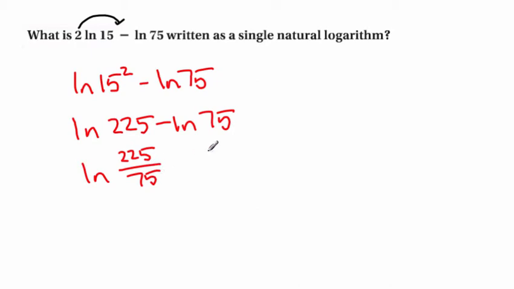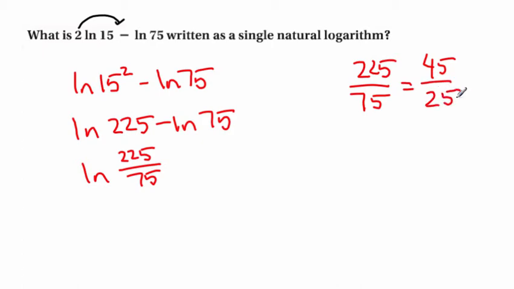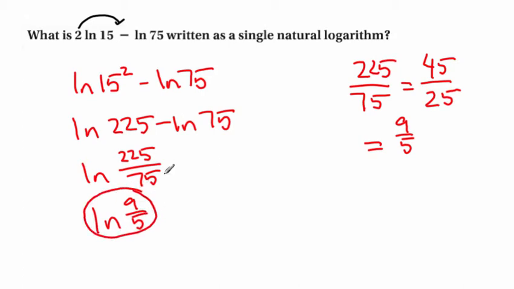I know 5 goes into both of these, so I get 45 over 25. 5 goes into those again, and I get 9 over 5. So this is natural log of 9/5. Hopefully that looks incredibly similar to logarithms, and you're not surprised.